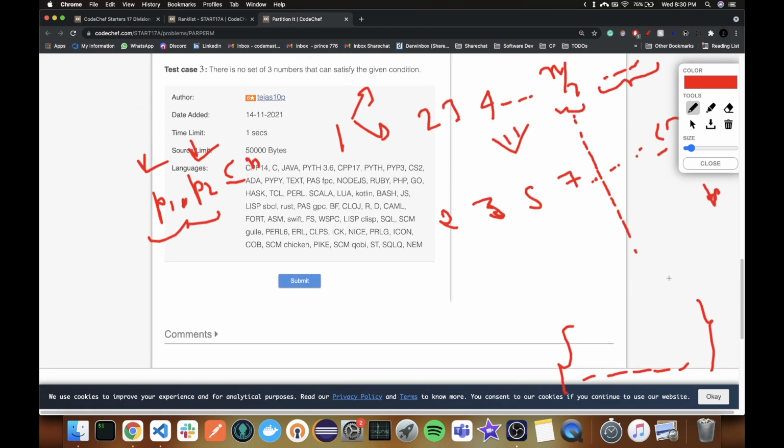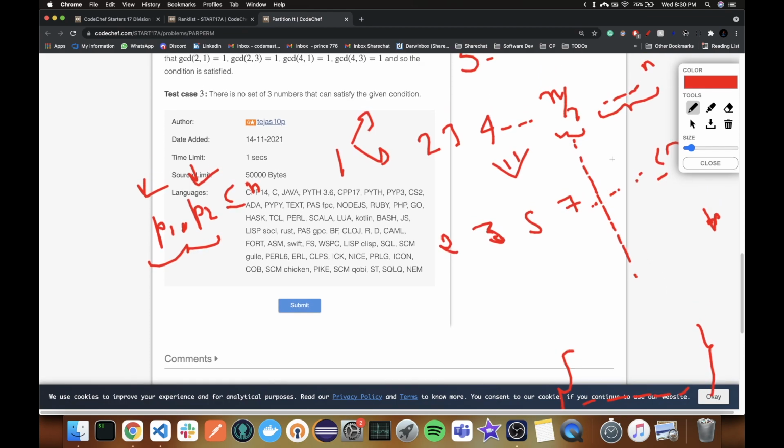However, if I try to remove any prime number below that, then that would mean that 2 also gets triggered, because this would land here and 2 gets triggered. If 2 gets triggered, so would every prime number below n by 2, because 2 times n by 2 is less than or equal to n.